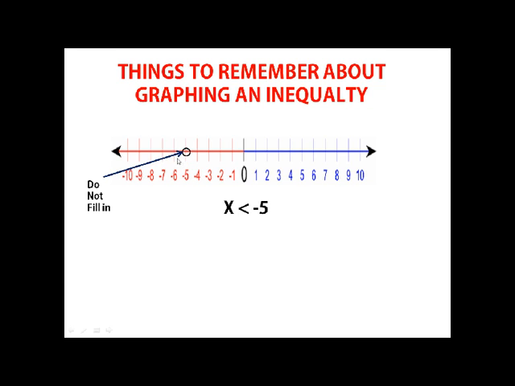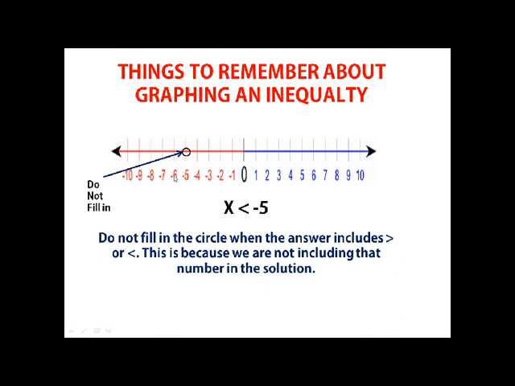And then, since it's less than negative 5, we draw an arrow that includes all the numbers that are less than negative 5. You can also remember that when there's a greater than or less than sign, you do not fill in that number because you're not including that number, as in this case, negative 5.